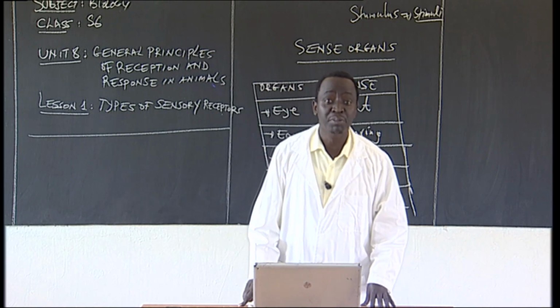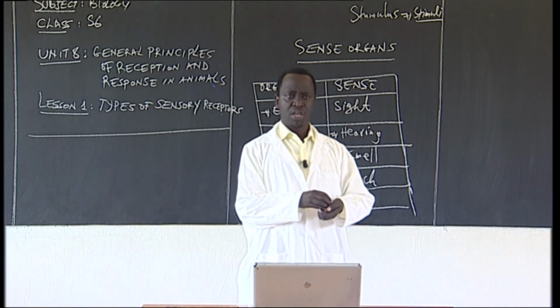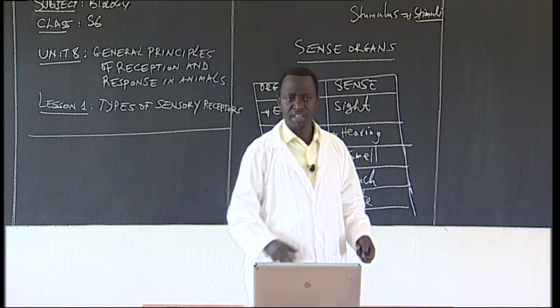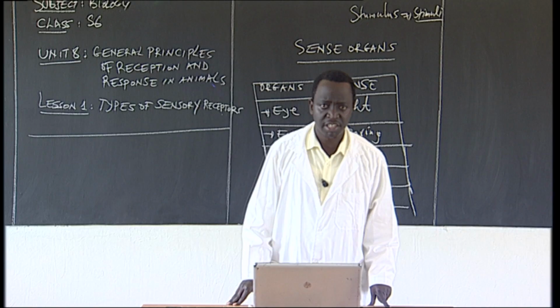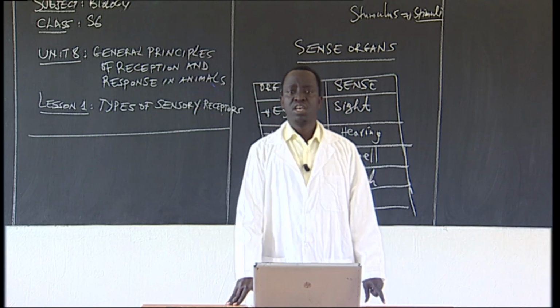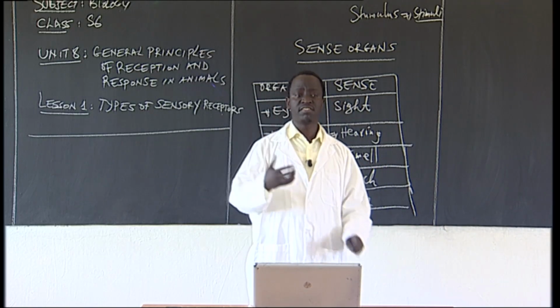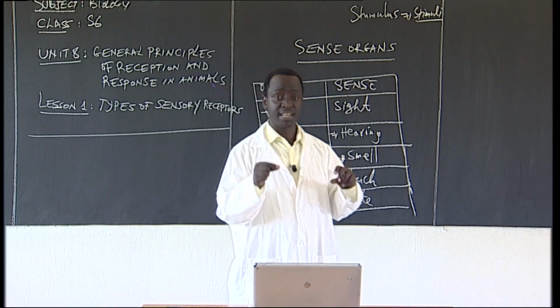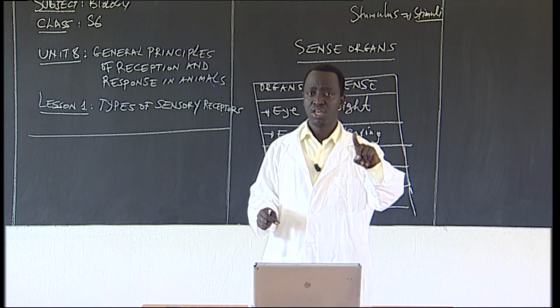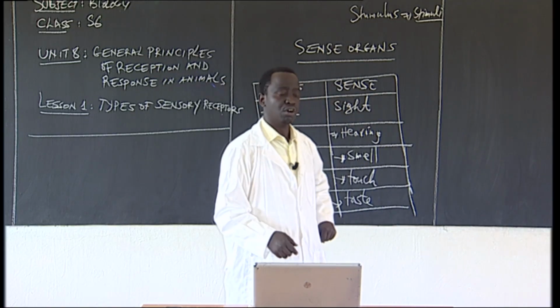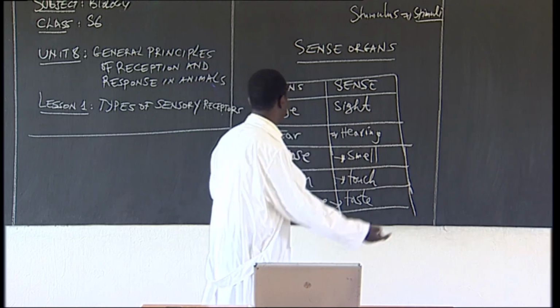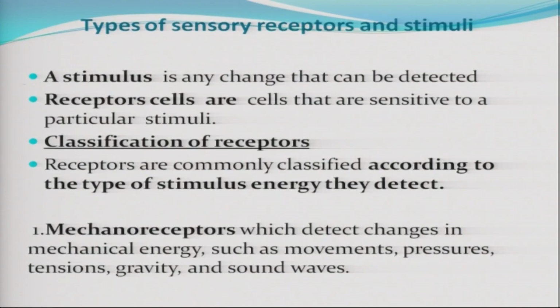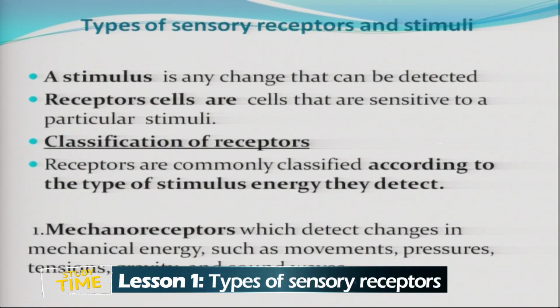They are stimuli. Now, we have what you call receptor cells. What are receptor cells? Those are the cells that are sensitive to a particular stimulus. Those are what you call receptor cells. They are found in the sensory organs.